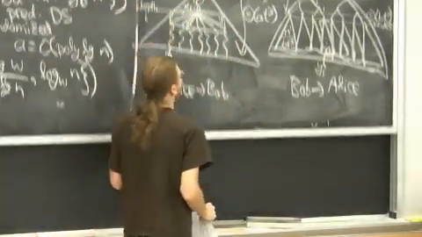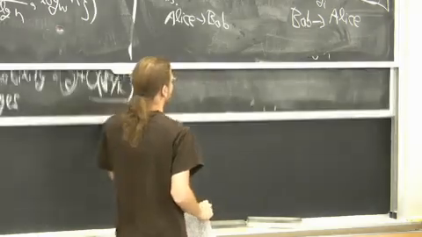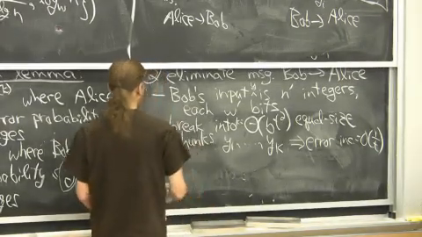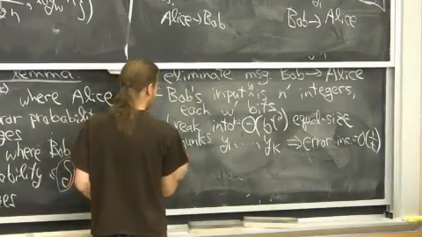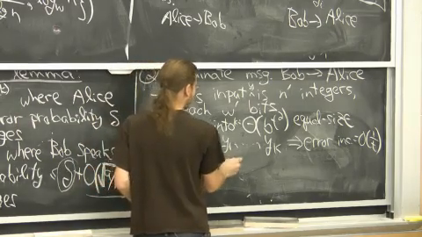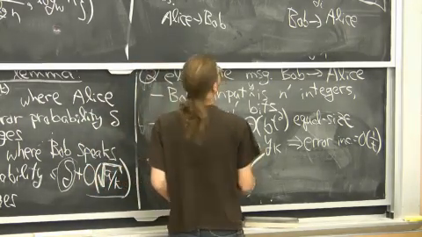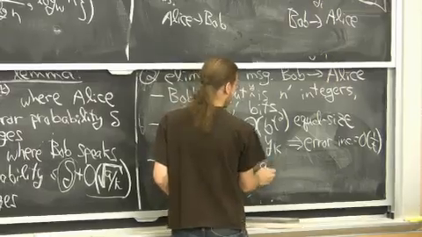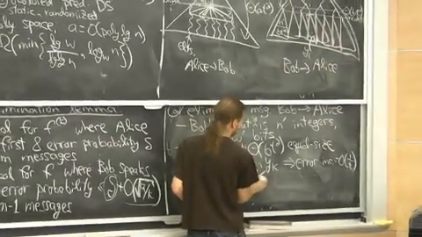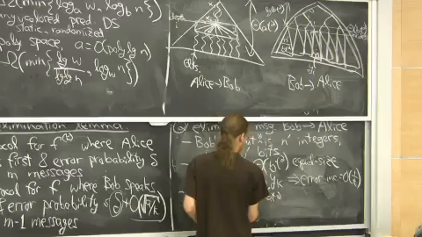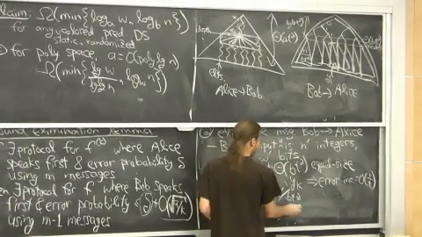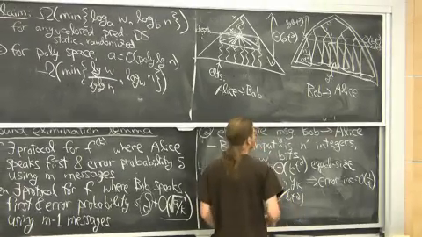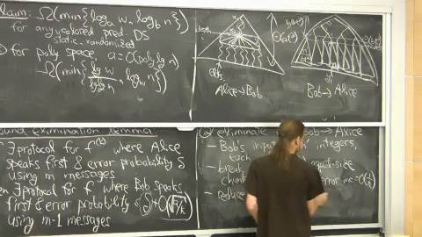So let me go back to this board. What happens is that we reduce n prime to n prime divided by theta bt squared. We also reduce w prime.